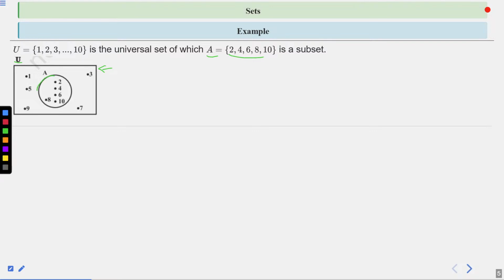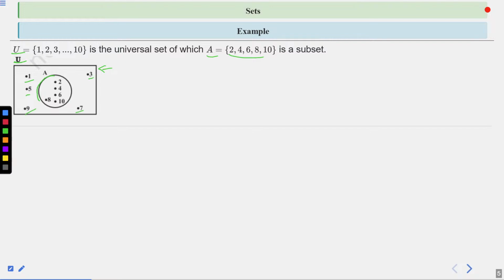So this circle represents what? A subset of U, because it is enclosed inside this rectangle, meaning all the members inside this subset A belongs to the set U. And we are having some other elements, say 1, 5, 9, 3, 7.